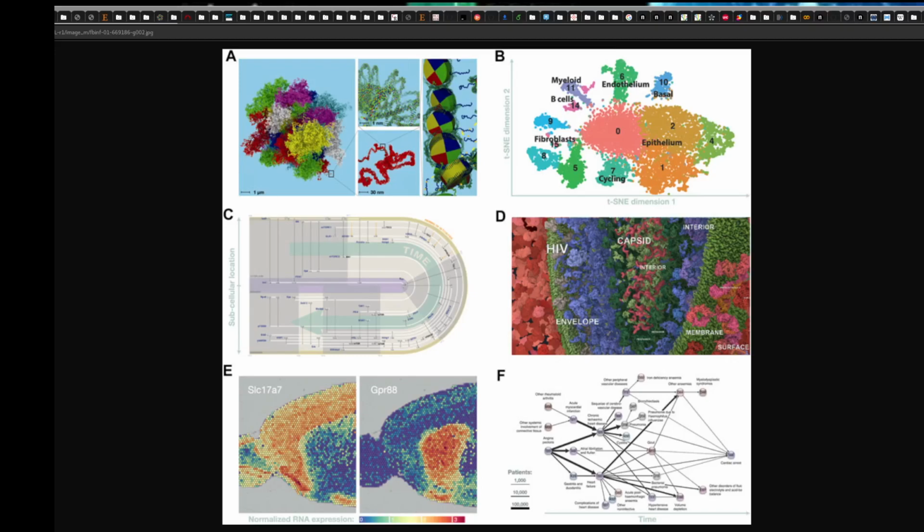Google Scholar. Humphrey, W., Dalke, A., and Schulten, K., 1996. VMD: Visual Molecular Dynamics. J. Mol. Graph. 14, 33-38. DOI 10.1016/0263-7855(96)00018-5. PubMed Abstract, CrossRef Full Text, Google Scholar.